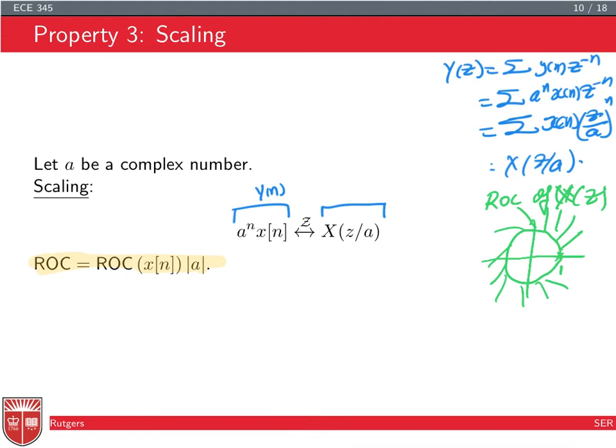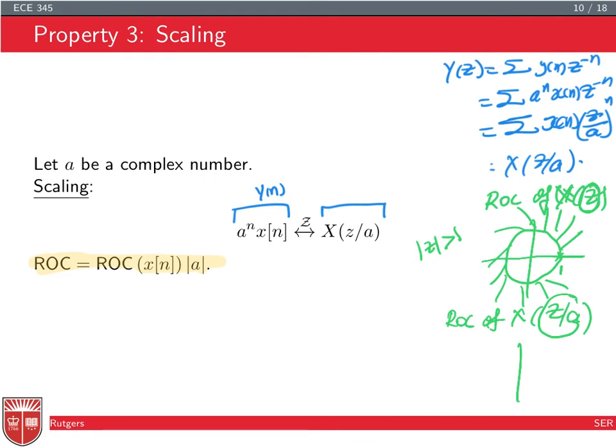Then the ROC of x of z by a is going to be, because I scaled everything by a, for this one, the norm of the argument greater than 1.